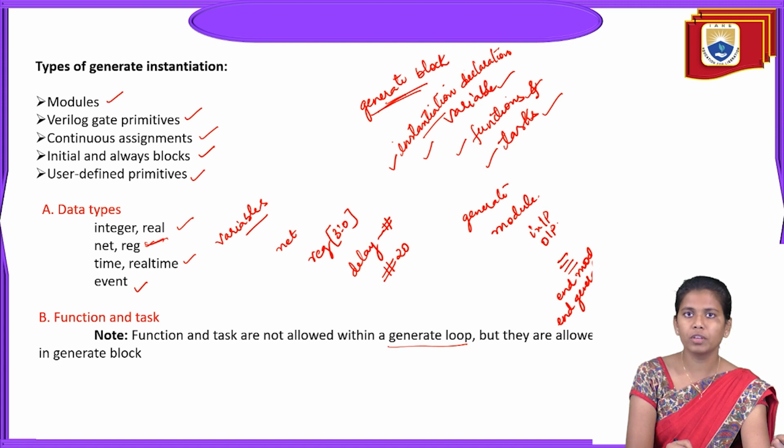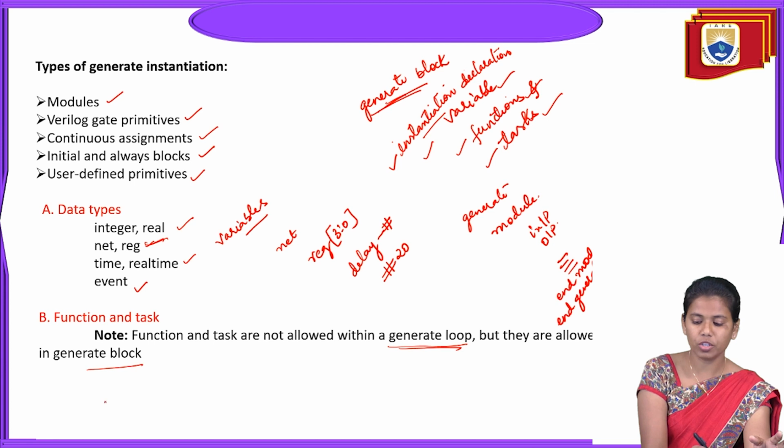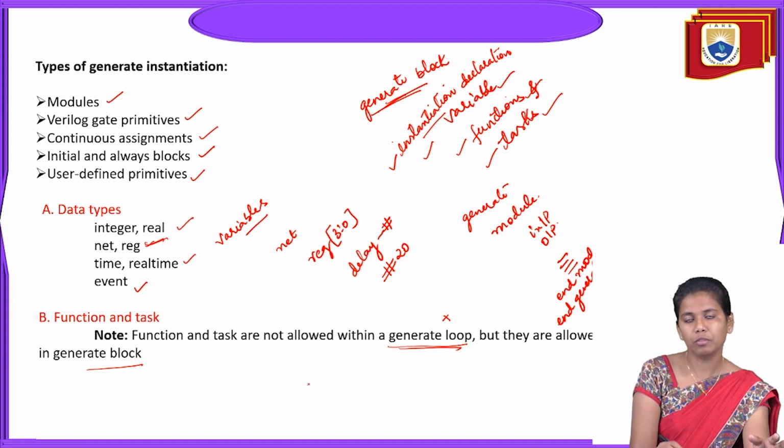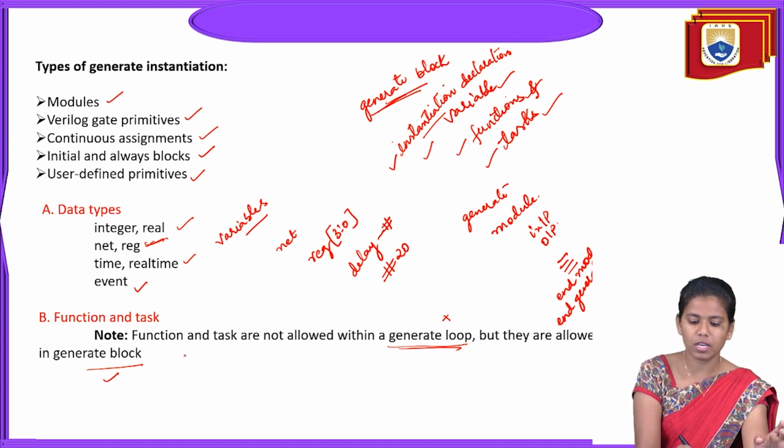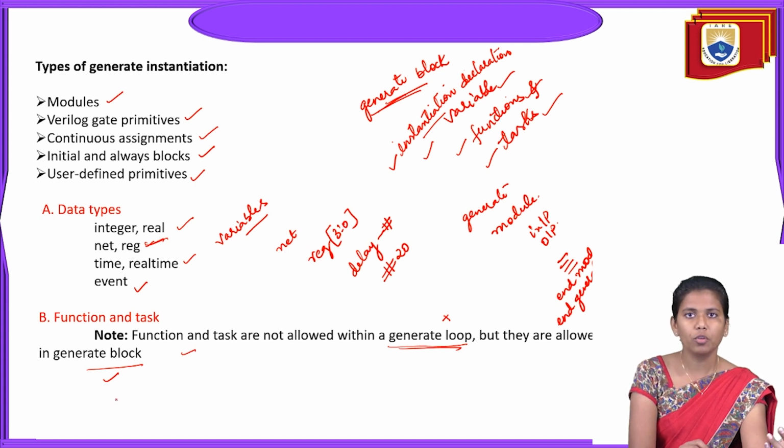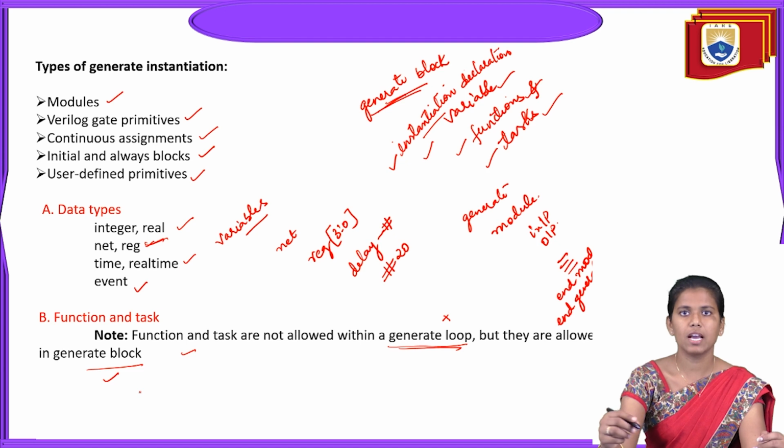When you are writing your code in the generate block, functions and tasks are not allowed in the generate loop, but they are allowed in the generate block. Remember that in the generate loop you cannot mention tasks and functions, whereas in the generate block you can easily mention the tasks and the functions as well.